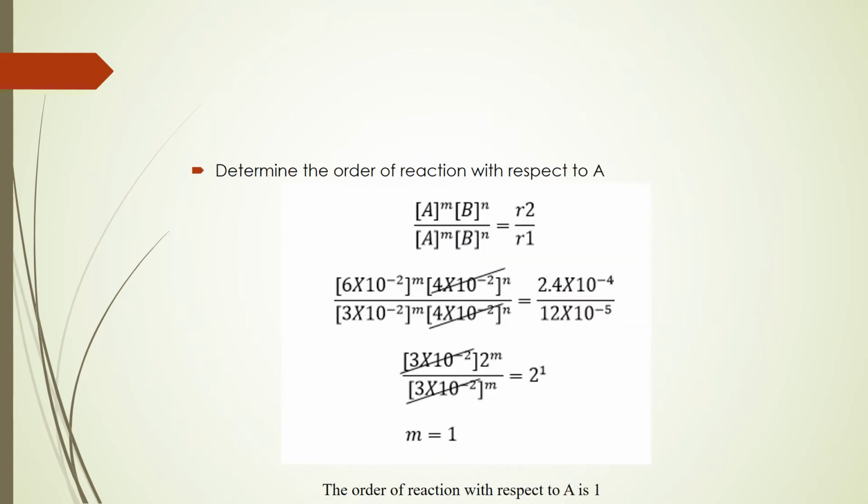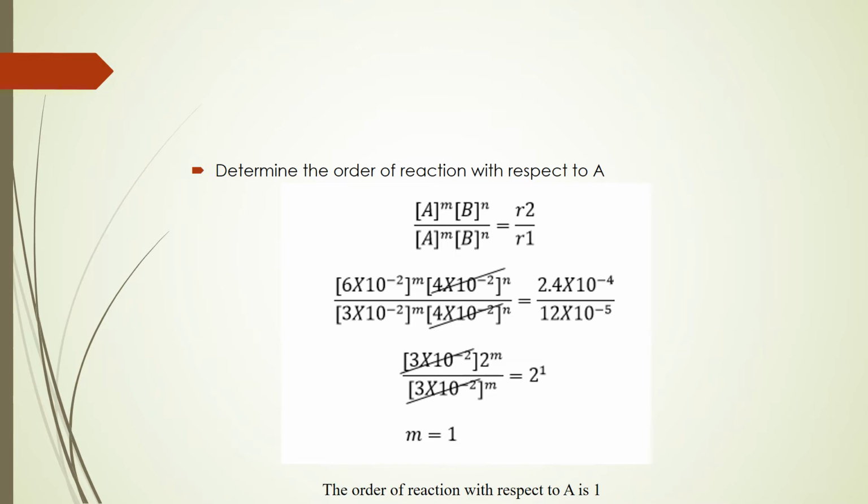Firstly, in order to determine the order of reaction with respect to A, we have to use the clue that we can find in the equation. Concentration of A to the power of m times concentration of B to the power of n, over concentration of A to the power of m times concentration of B to the power of n, equals R2 over R1. What does this mean?